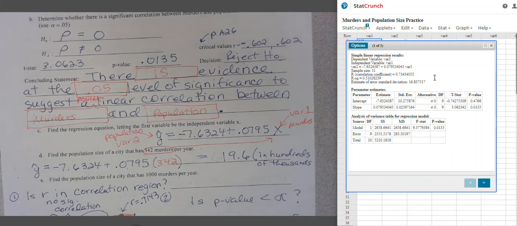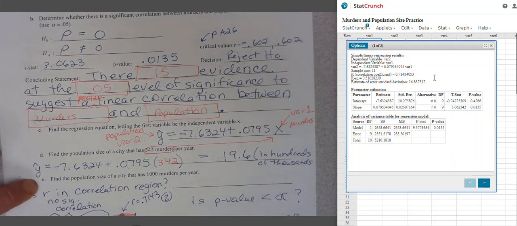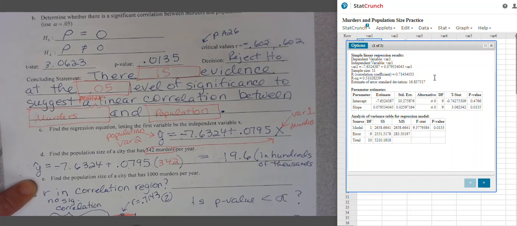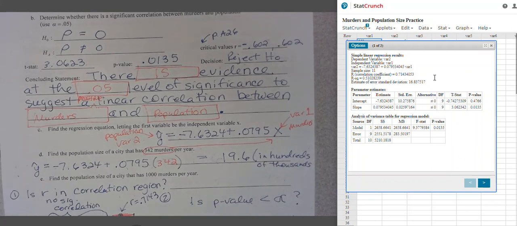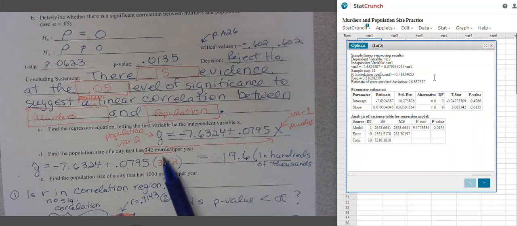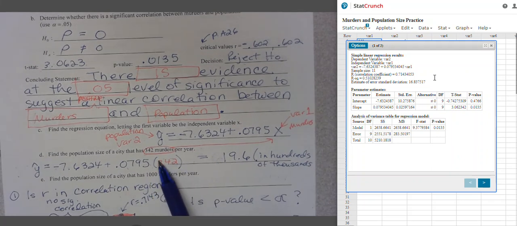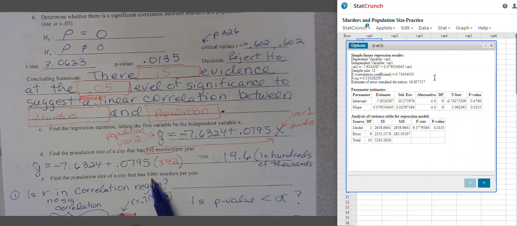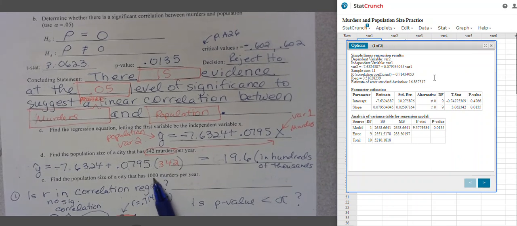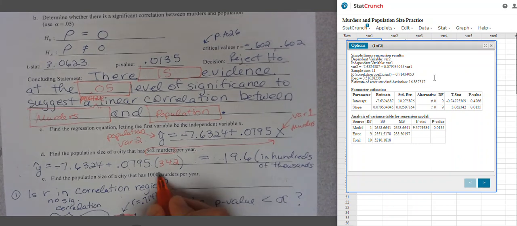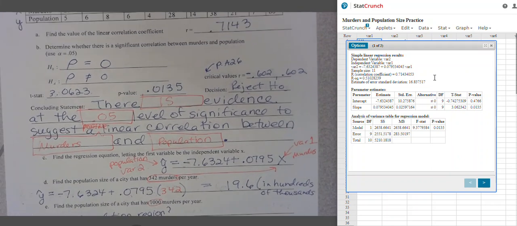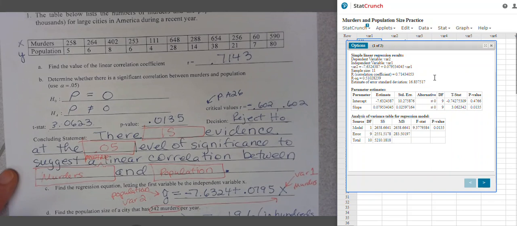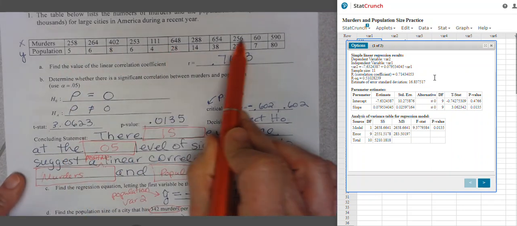All right. Now the next part of this question says to find the population size of a city that has 1,000 murders. You're probably thinking we'll do that just like we did this one and plug in 1,000 right here. However, this is a little different because this value is well outside of all the other values. Let's go back and look. Here's all of the x values that we had.